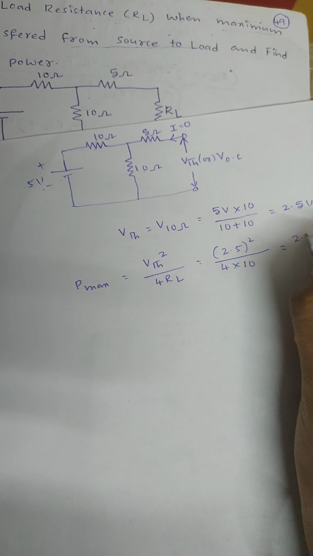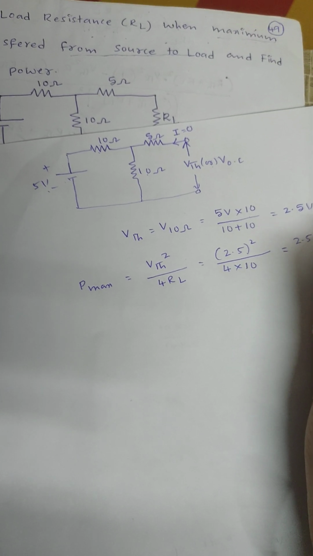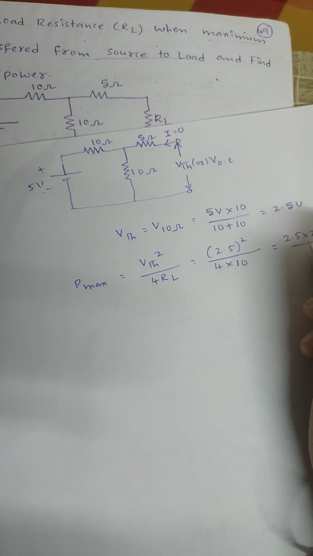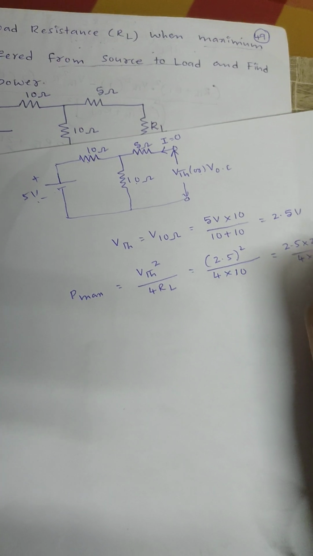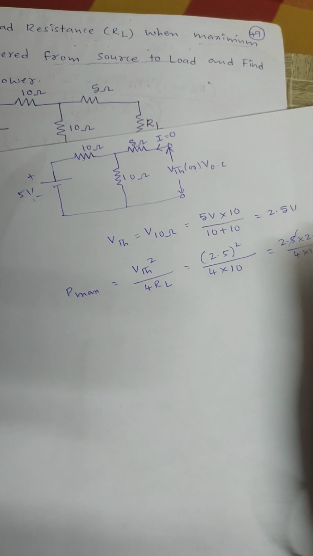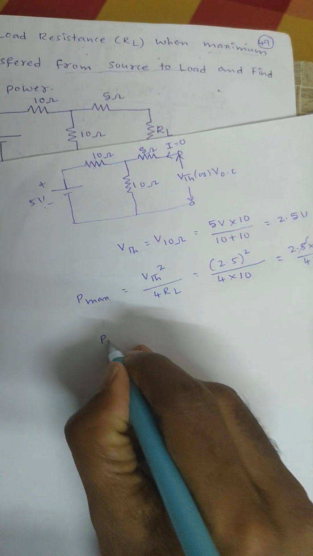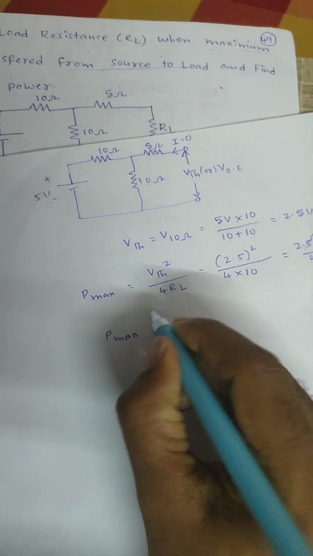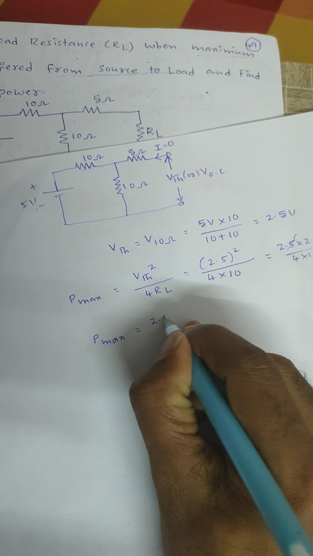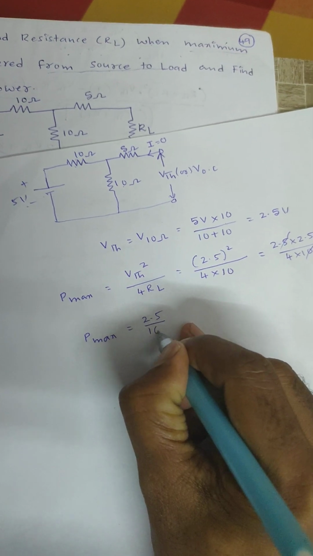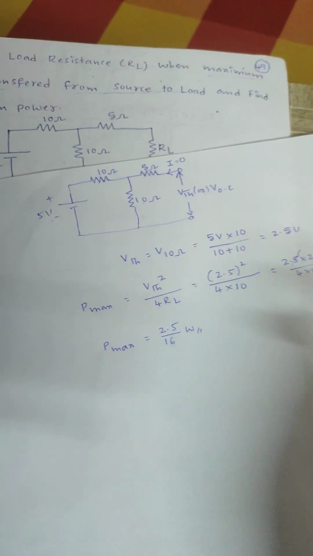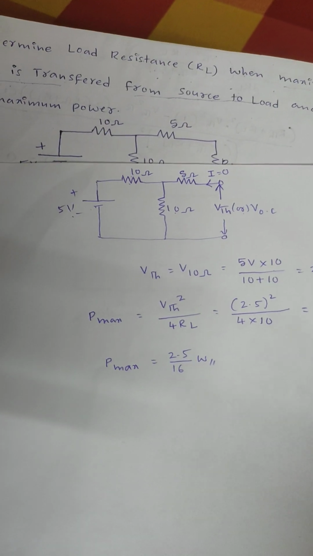That is 2.5 into 2.5 by 4 into 10, right? Simplifying, P maximum is equal to 2.5 by 16 watts. If you simplify, you will get the maximum power.